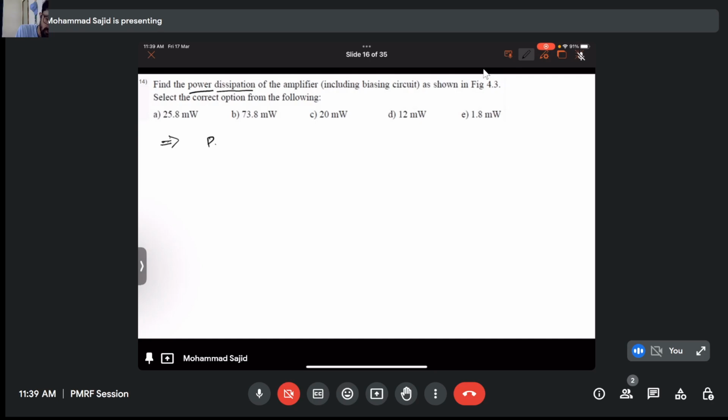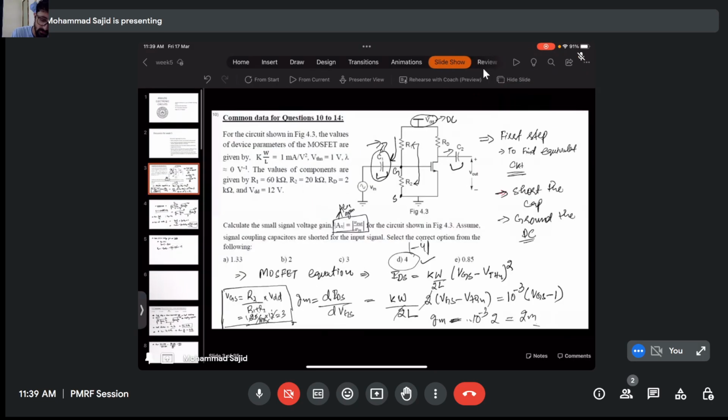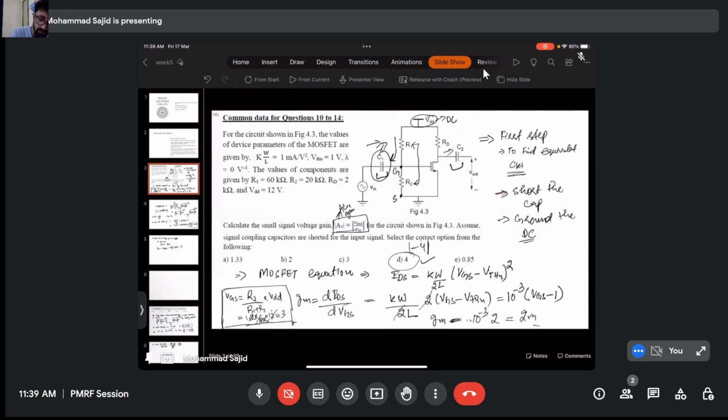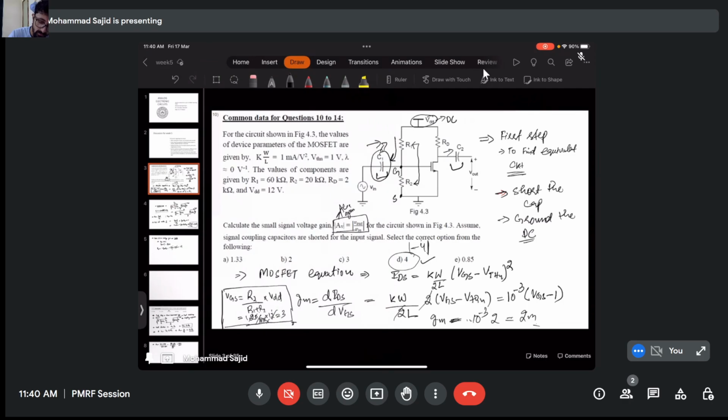By using directly a formula V into I. Now here for the circuit, look at the circuit. If you see the circuit, there are two paths.